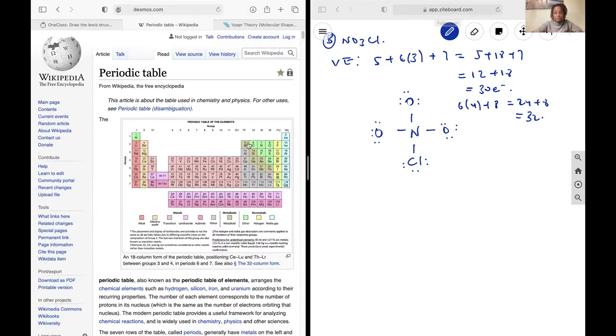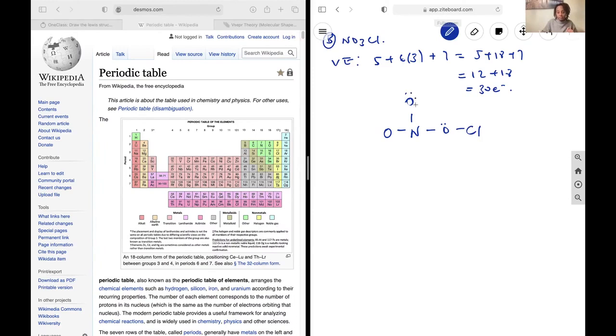Period 2 is nowhere near the D group, and so nitrogen doesn't have access to d orbitals that would help make space for all of these extra electrons we're giving it by giving it an expanded octet. So it makes the most sense to move this chlorine, and instead of attaching it to nitrogen, attach it to one of the oxygens. You can pick any of them, it does not really matter which one. And so let's attach it to this one.